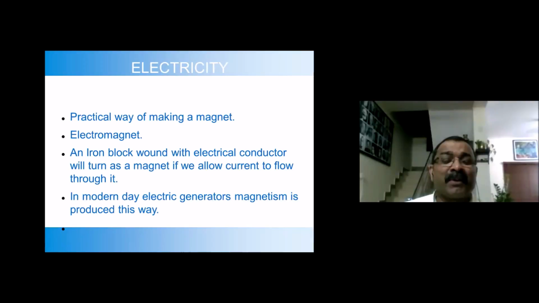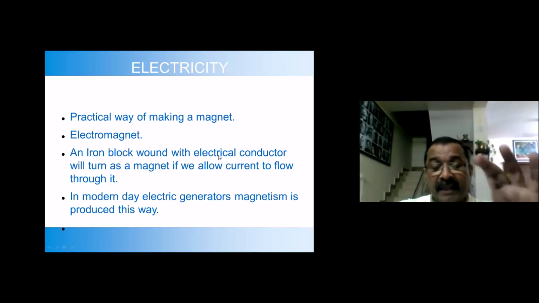So now we have to move over to a practical way of making a magnet, an electromagnet. How can we make an electromagnet? If you take an iron block and wind it with an electrical conductor, and we allow current to flow through it, it will turn magnetic as a magnet.